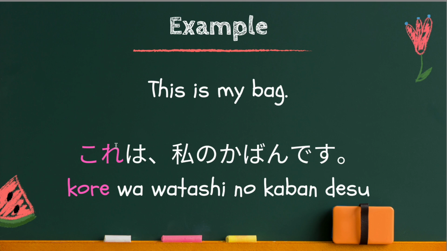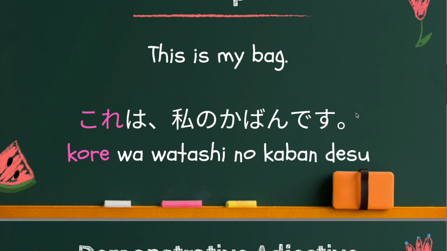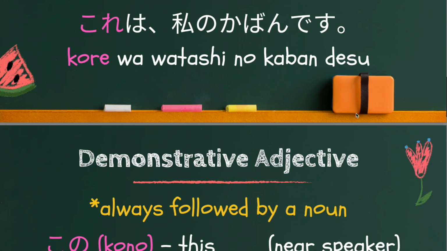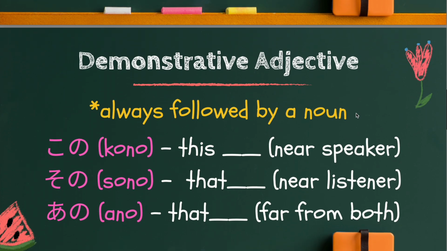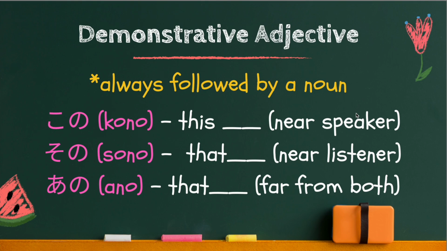But today, we will move on to demonstrative adjectives. この、その、あの. These sound very similar to これ、それ、あれ but the big difference is that these have to be followed by a noun.